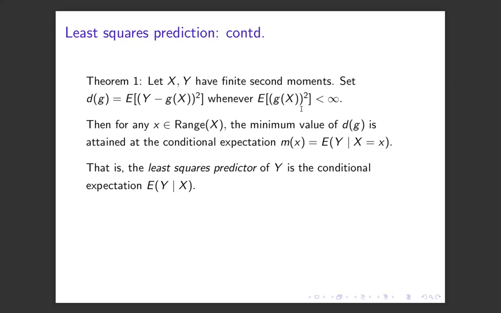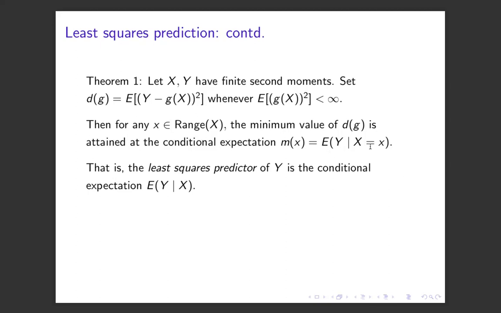That is, expectation of g of X squared is finite. Then for any little x in the range of X, the minimum value of this is attained when that function is the conditional expectation of Y given capital X equal to little x.